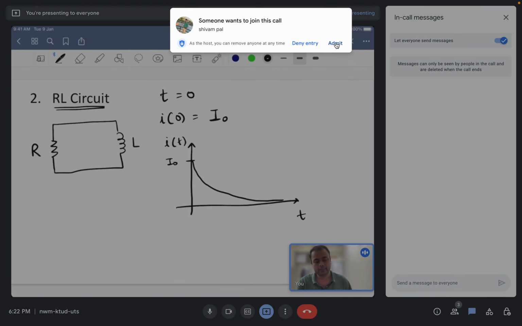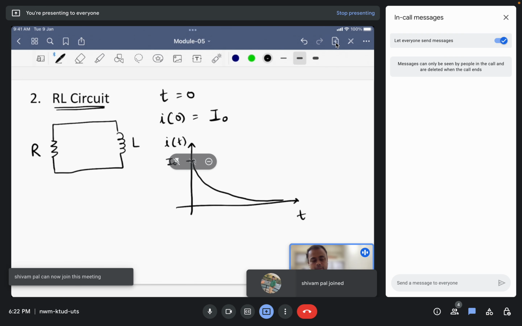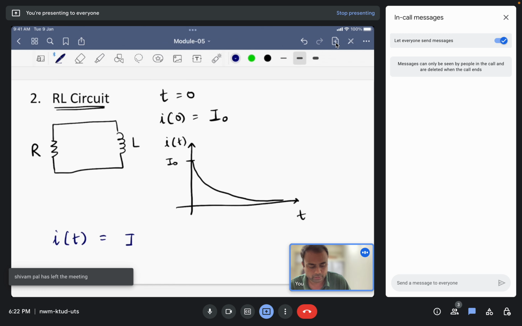Now in this case the relationship will be simpler, similar to the capacitor, but here instead of voltage we have current I of t. So I of t will be an exponentially decaying function, e to the power minus t by tau.